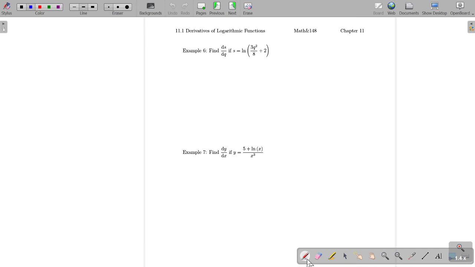Okay, so find the derivative of these. So ds over dq equals 1 over 3q squared over 8 plus 2 times the derivative, that would be 6q over 8.